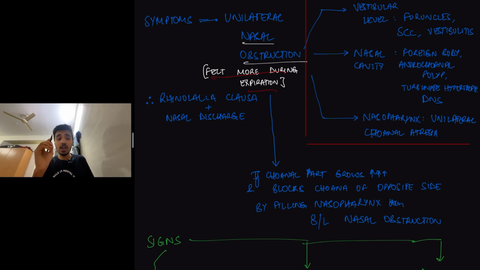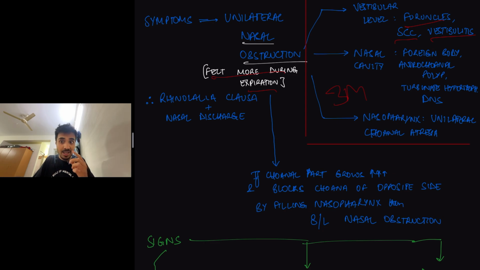So before we get to that, let's look at a 3-mark answer. That is, what are the causes of unilateral nasal obstruction? At the level of the vestibule, what could be the cause? Any furuncles or boils, any unilateral vestibulitis, any squamous cell carcinoma at the vestibule.